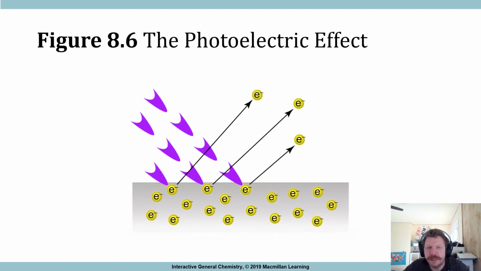Here's a visual of that photoelectric effect. We have light of a certain wavelength onto this metal surface, and that causes electrons from this metal surface to be ejected.